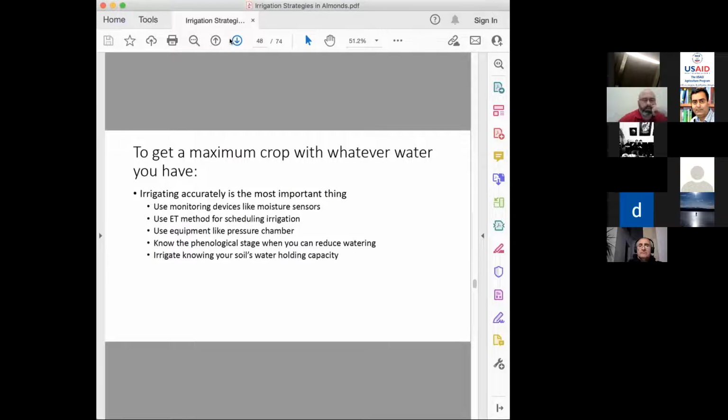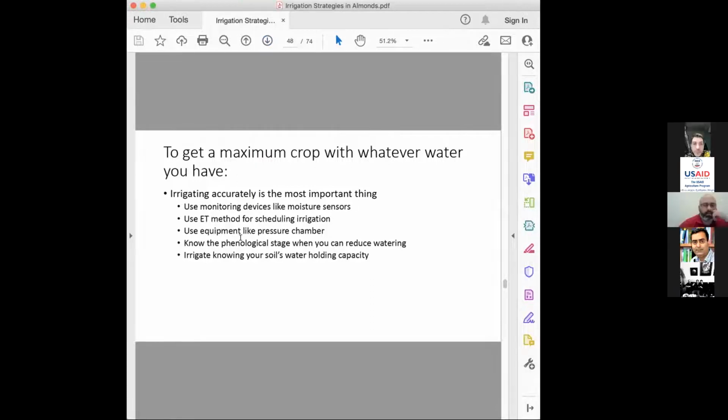Another thing is to know the phenological stage where you can reduce watering. Phenological stage is basically the stage of development. Phenology is the developmental stages of any crop, which means that at bloom time, you need to irrigate differently than when it's leaf out. In summer, when the crop is developing, when the tree is bearing nuts, when the shoots are growing at a really high rate, you need to irrigate differently.